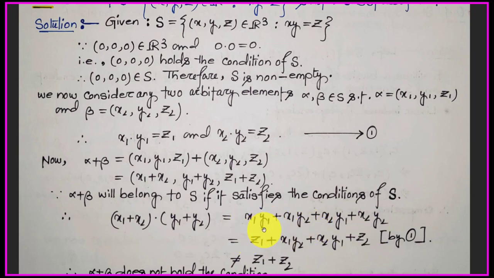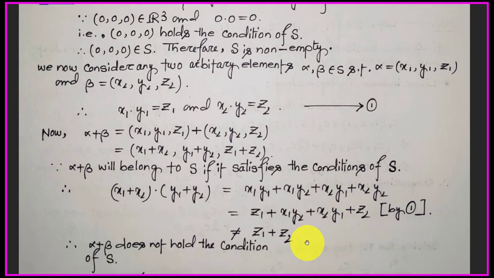Now x1 y1 is z1 according to equation 1, and x2 y2 is z2 according to equation 1. But the remaining two terms remain, because we don't know the values of these two. So we cannot write this as z1 plus z2 for all values of x1, y1, x2, y2. So we cannot say (x1 plus x2) into (y1 plus y2) equals z1 plus z2.